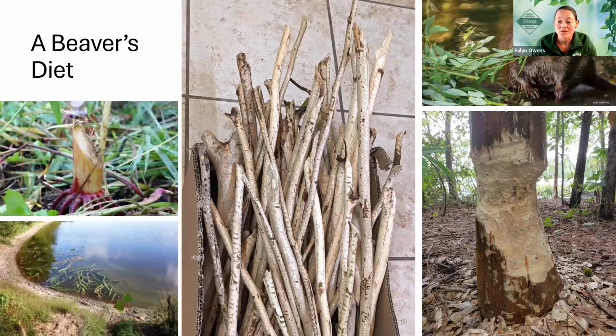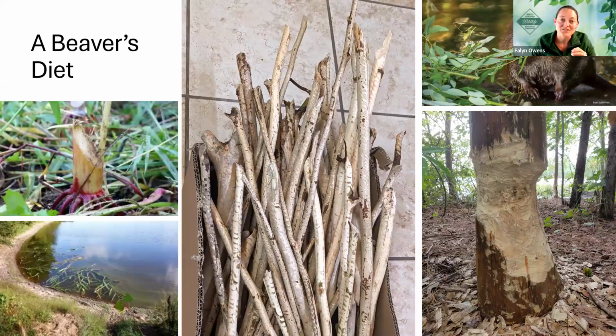So when you see damage like the picture in the bottom right, the tree that's being cut down, they're not eating the wood here. They're actually intentionally cutting the tree down so that they can get to the living branches above.